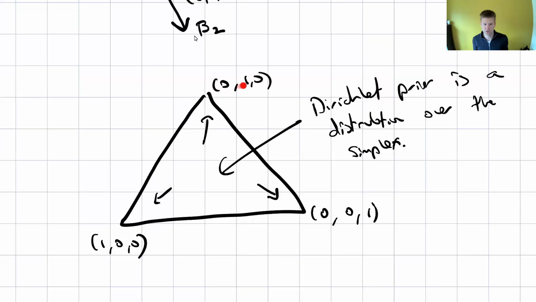This corner has skew towards the second term, this corner has skew towards the first term, and this corner has skew towards the third term. So you're not taking a stance on which particular dimension the skew is pushed towards. You're just specifying a prior that is going to generate skewness on one of the corners, while staying agnostic on which particular corner.